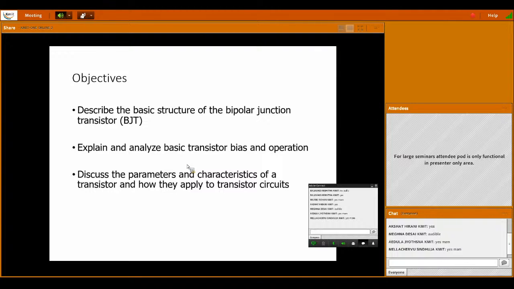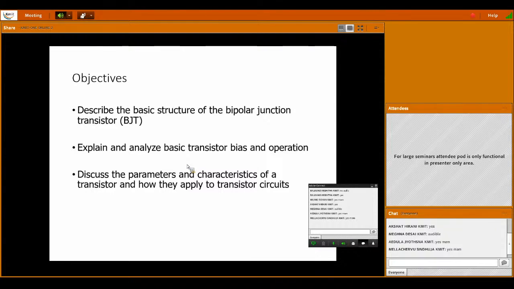In our session, we are going to learn about basic transistor biasing: how many types of biasing are available, and based on the biasing of the two junctions, which regions they operate in, and how the transistor acts like an amplifier, or like a switch, whether it amplifies the AC signal or the DC signal. All those things we are going to learn in the second concept.